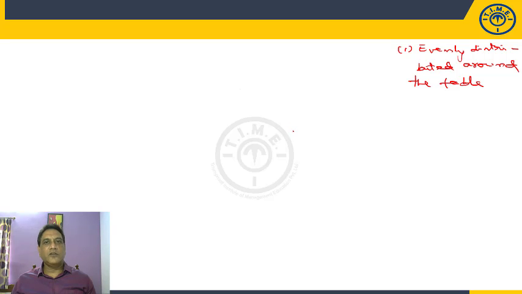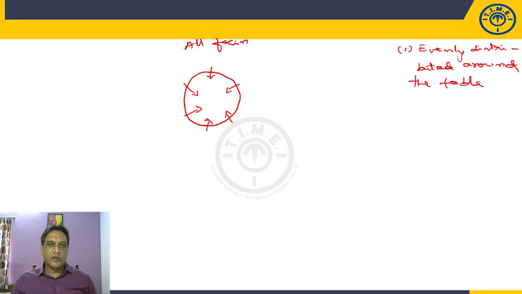If that information is not given, we consider that everyone is facing the center. Now look at this. Now let us say there are 6 persons. Assume that they are all facing the center.